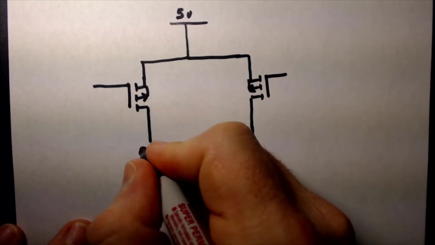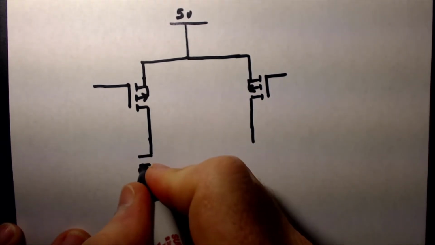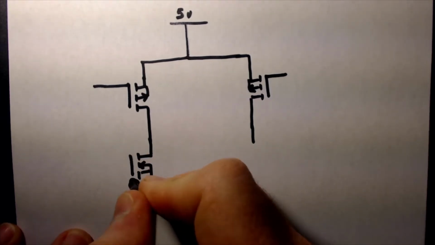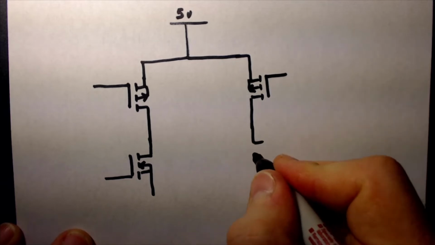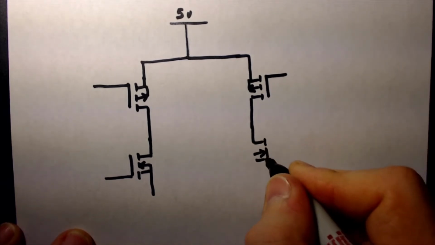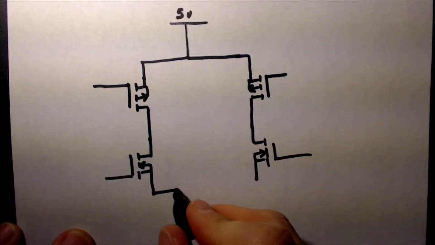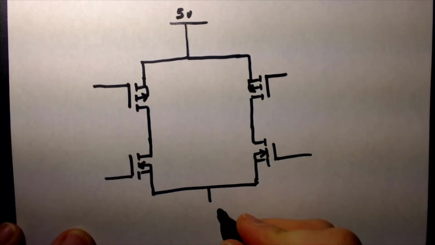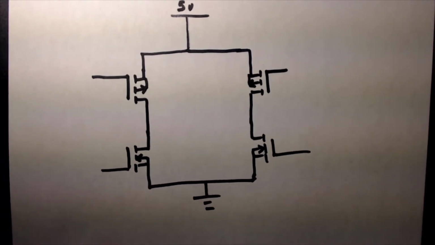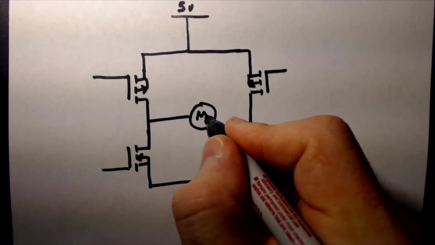Now I'll add my N-channel MOSFETs. And I'll create my ground over here. Let's add our motor to create that bridge.